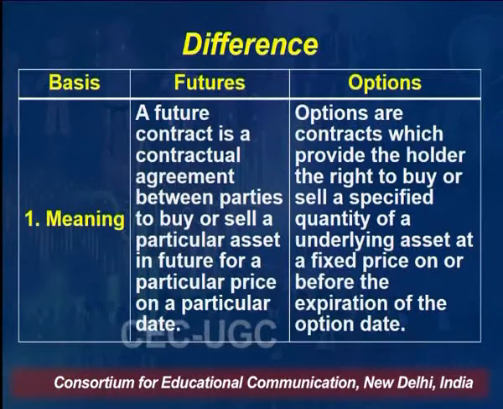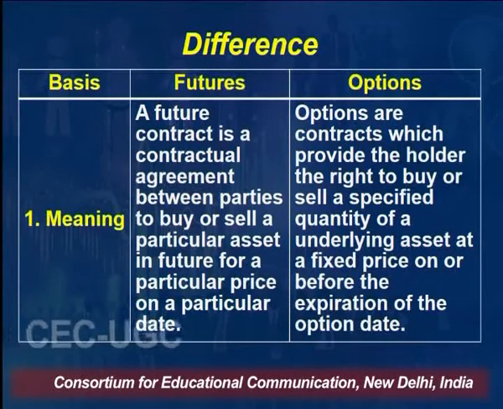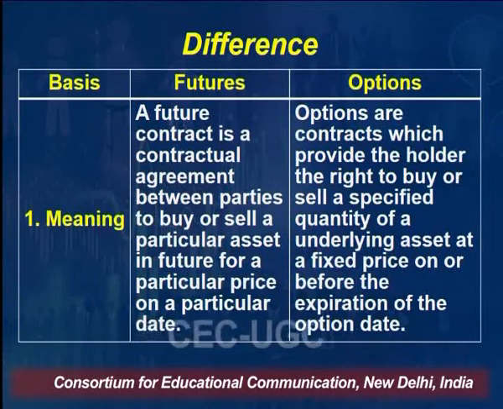On the other hand, options are contracts which provide the holder, meaning the buyer, the right to buy or sell a specified quantity of an underlying asset at a fixed price on or before the expiry date of the option.